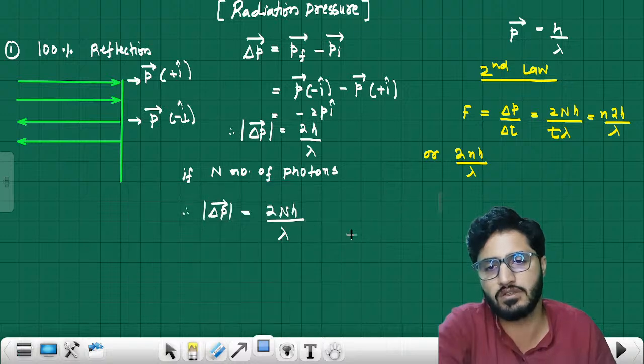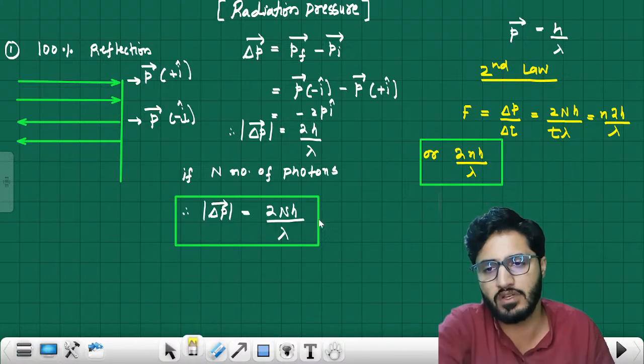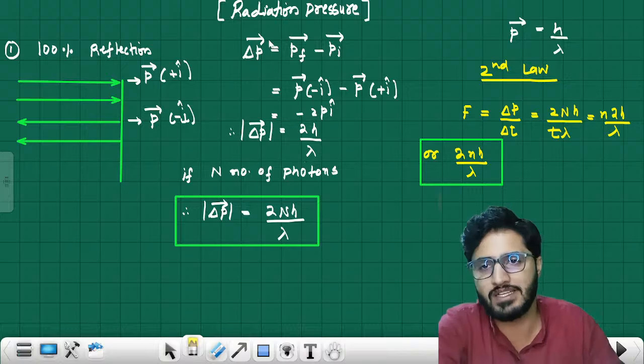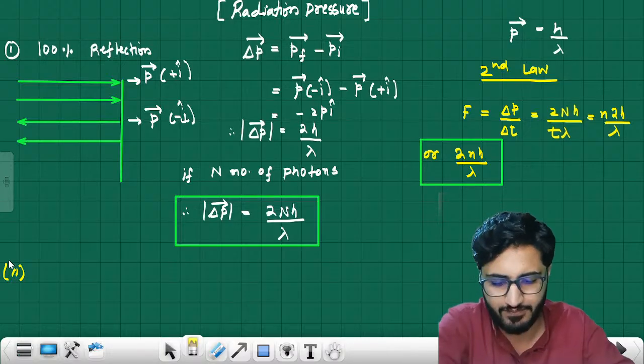This one is for momentum, this one is for force. But this case is for 100% reflection.